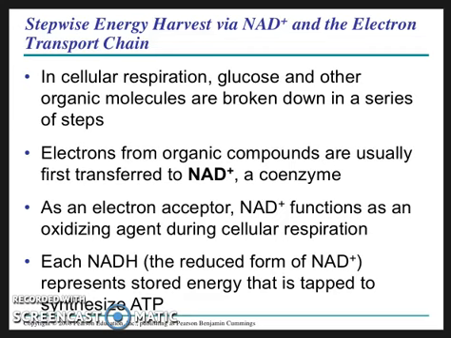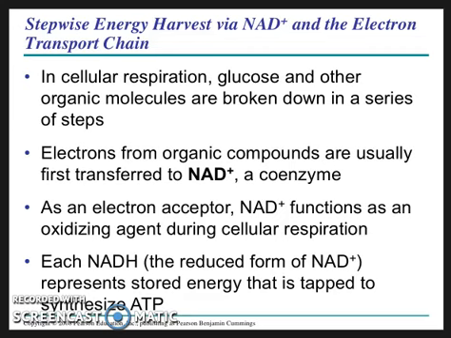One of the ways that we're going to do that is with a coenzyme called NAD+. NAD+ is an electron acceptor. It'll hang on to electrons temporarily. It doesn't do much other than it's Uber for electrons. It's a temporary transport coenzyme that shuffles electrons from one place to another.